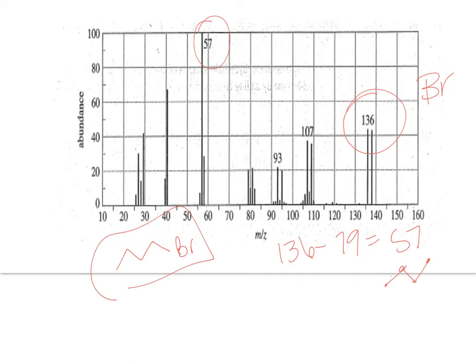You can also look at the other mass fragments of this here. That gives you a mass over charge ratio of 107, which is this one. And then if you had just the bromine and the CH2, that would be 93.